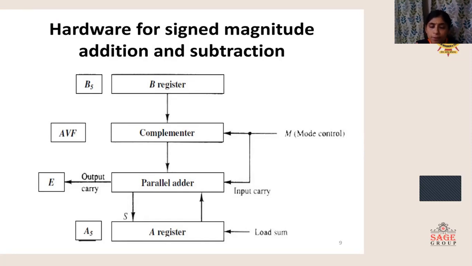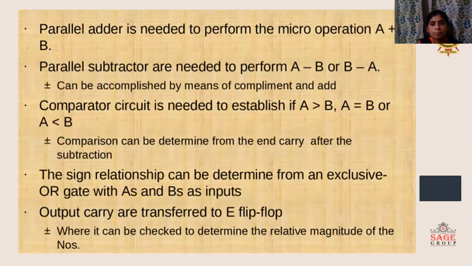Then in that particular case, B's data will be complemented, and the input carry, meaning the value 1, will be given to this parallel adder, meaning B complement plus 1, and from the A register A is there, so A plus B complement plus 1, meaning A minus B, and that operation's result will be stored in the A register. So this is the hardware implementation for addition and subtraction.